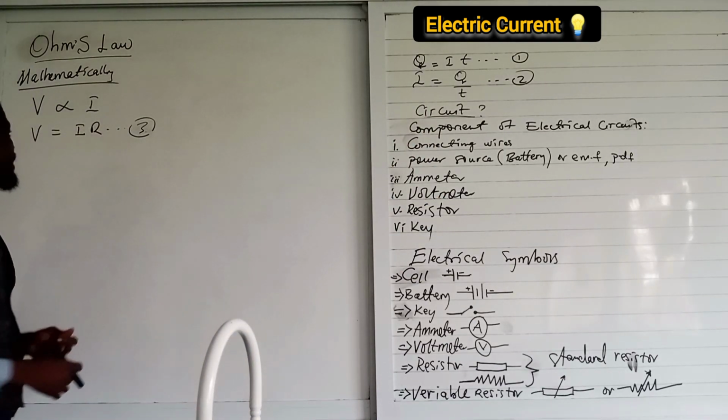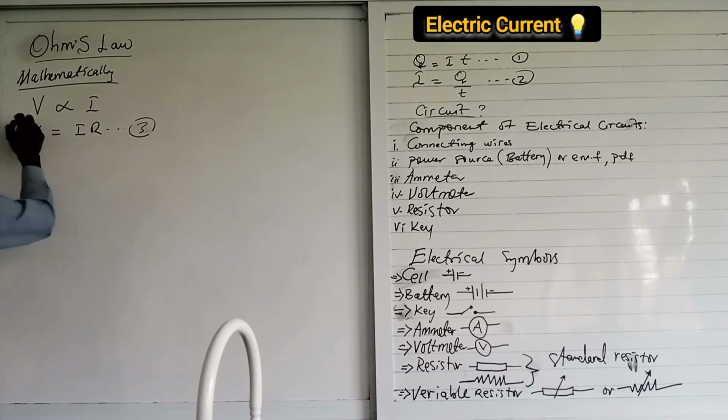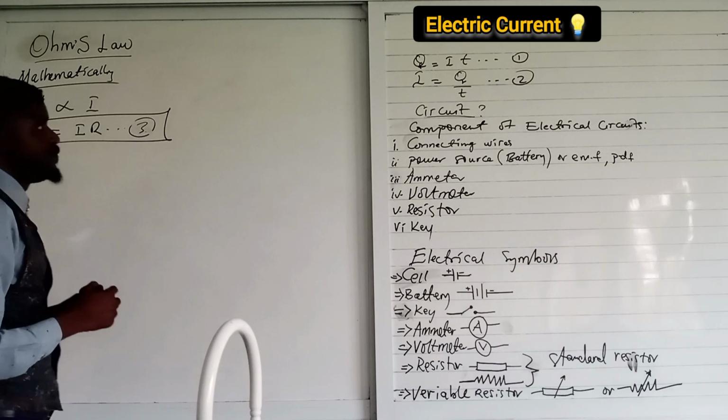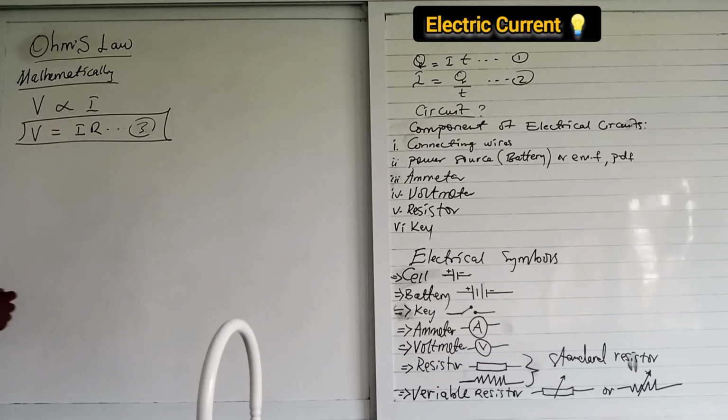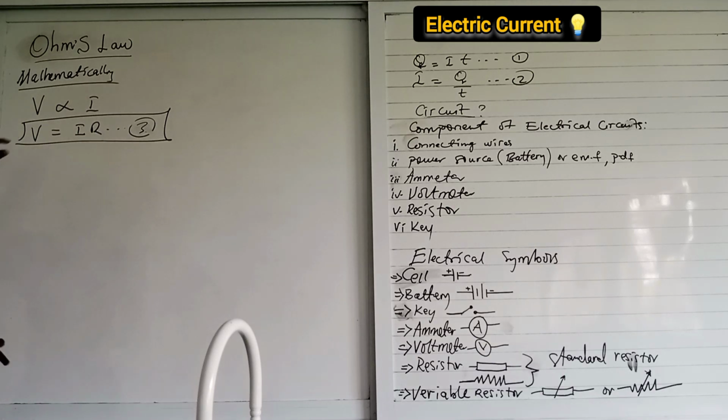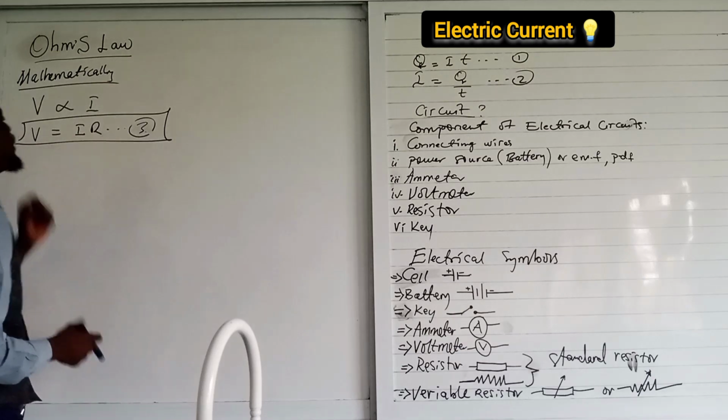I want to explain the meaning of equation number 3. The equation is very, very important. In this equation, we can choose to make V a constant and vary our R in the circuit.